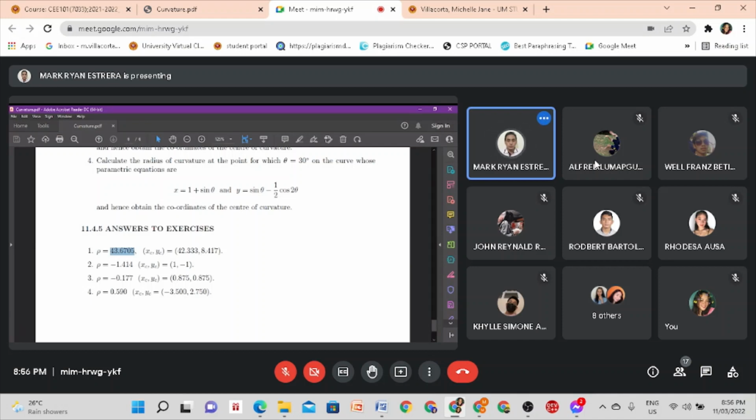For the y it is 8.417, and I got 8.42044. The difference comes from rounding off. Expect that this kind of problem will appear in the examination.